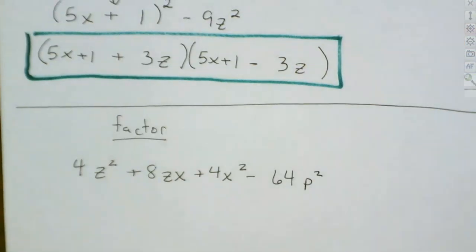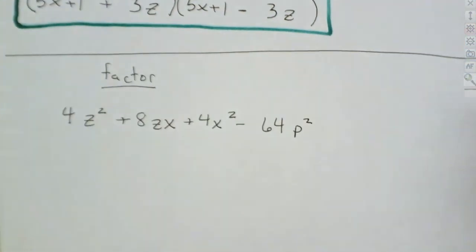This is basically the same as question number 4. I just changed all the variables. But it is basically the same. All I did was I changed all the variables.